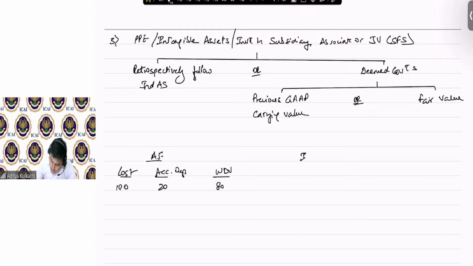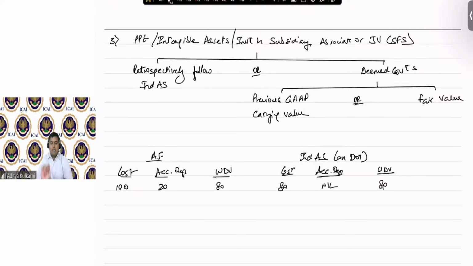When I do this transition to Ind AS on the date of transition, cost, accumulated depreciation, WDV. So on this date, the cost will become 80. Accumulated depreciation will be 0. WDV will be 80.